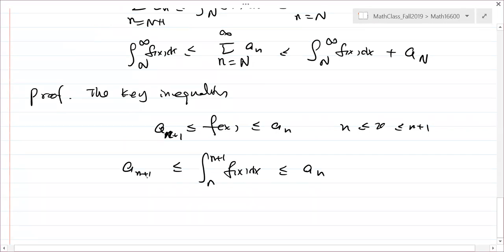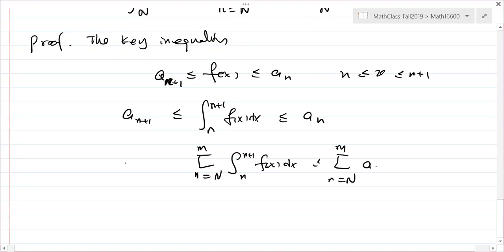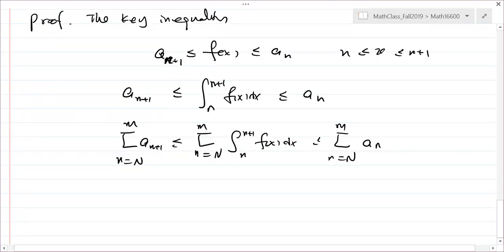Then you add it together. When you add it together, the sum from capital N to n is on this side, and the other side is the sum from capital N of a_{n+1} to n. But the one in the middle, all those integrals can be put together, so this is actually the integral from capital N to n plus 1 of f of x dx.